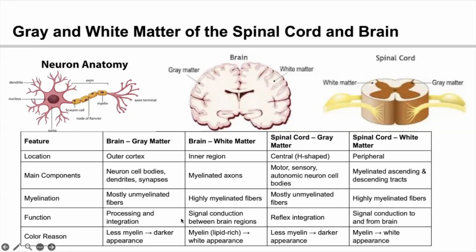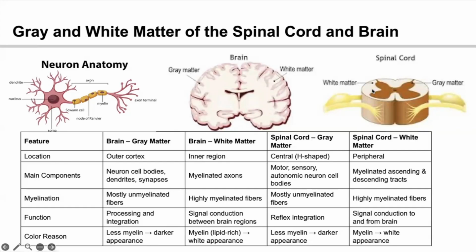So color, definitely, when there is less myelin, it gives a darker appearance. When there is more myelin, it gives a whitish appearance. In the brain, the gray matter is mainly for processing and integration, and the white matter is for signal conduction between the brain regions. In the spinal cord, the gray matter is for reflex integration, which is this part in here, and the white matter is for signal conduction from and to the brain.